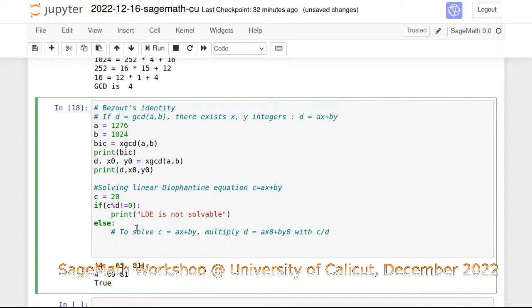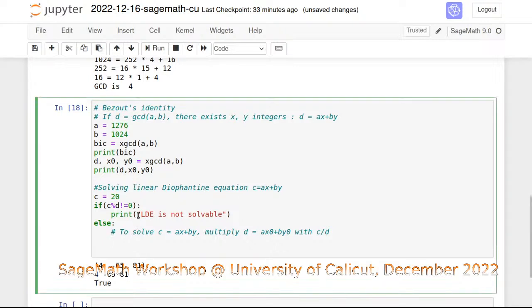I think this is correct. If you are finding some issue with whatever I am saying, please just give me a warning that I am doing it wrong. Okay, let us multiply. So already we have x naught and y naught.